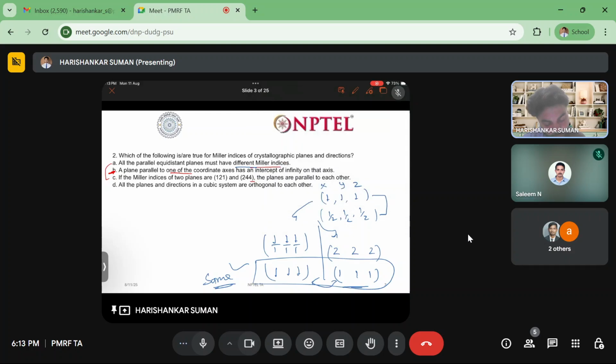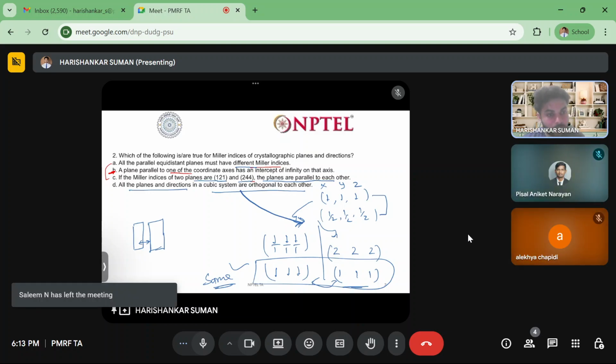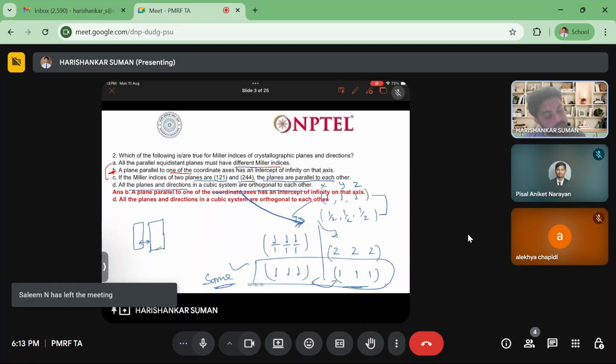And the last option: all the planes and directions in a cubic system are orthogonal to each other. And option C: if the Miller indices of two planes are 1 1 1 and 2 4 4, are the planes parallel to each other? No, we can see it is vice versa. Parallel planes just means equidistant planes, you can say. So please check the answer now.